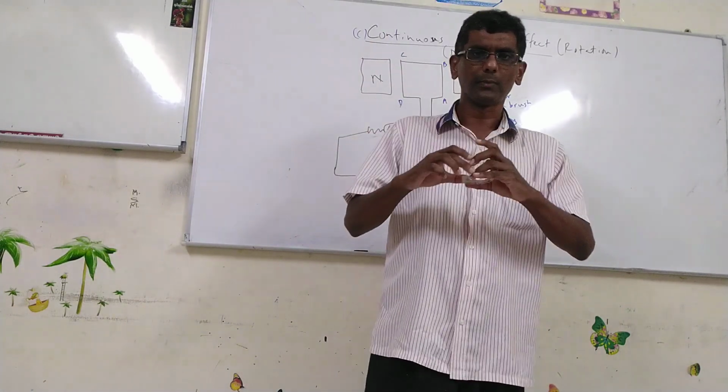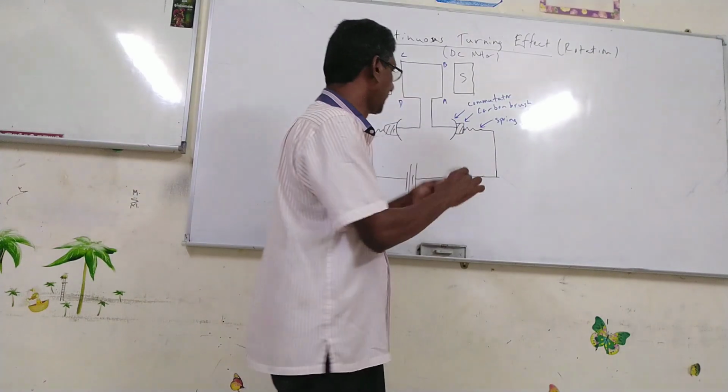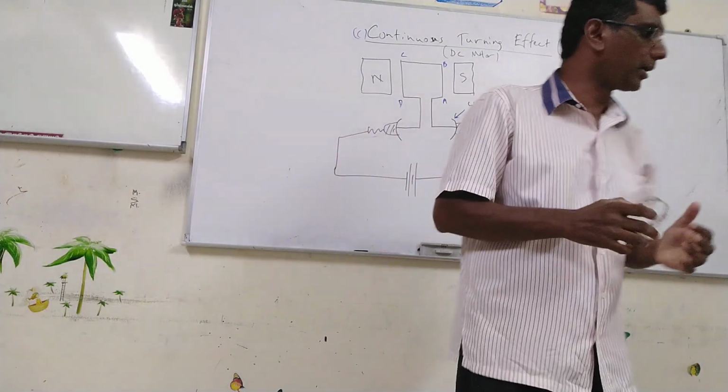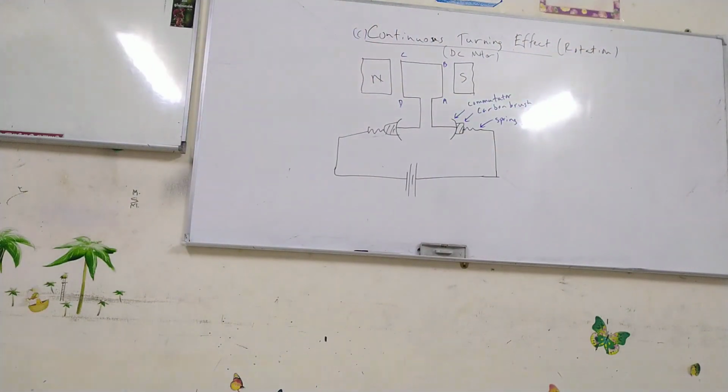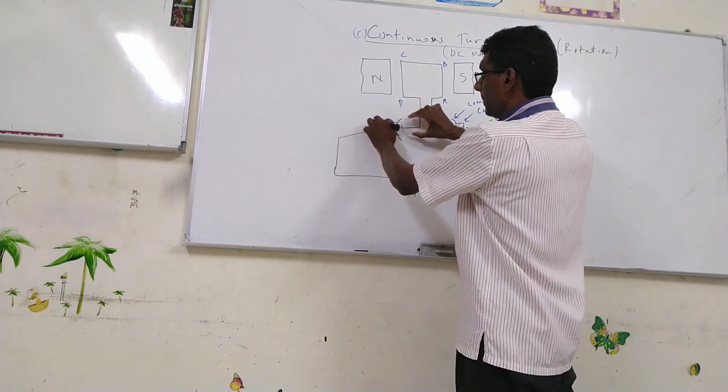This commutator. The commutator is like this. Commutator either side, this side and this side, and touched by carbon brush. Carbon brush, something like black in color.